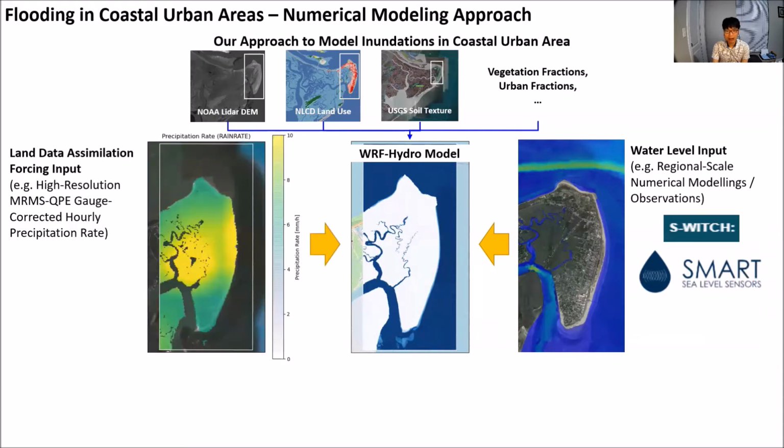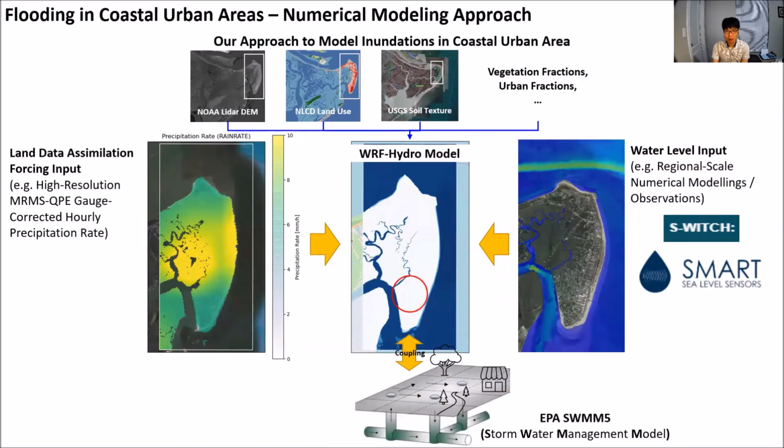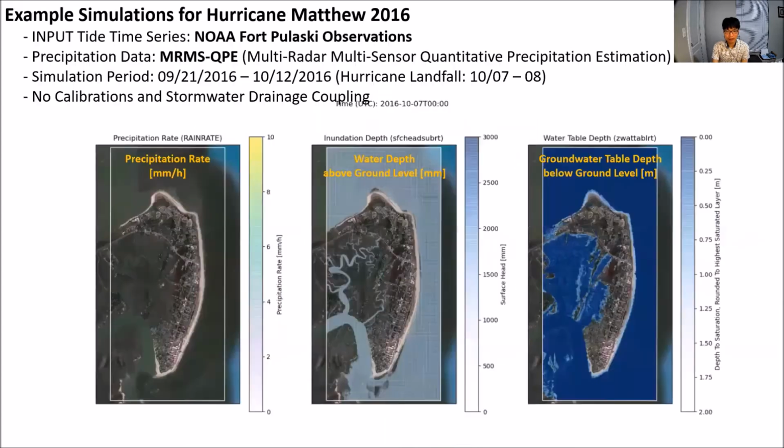Then the land data simulation, including the high resolution precipitation, is used to provide forcing for our model, which is coupled with another engine to solve the stormwater drainage system. Therefore, our model is basically able to resolve some of the physics that are involved with precipitation, groundwater, and stormwater drainage system, as well as open water levels.